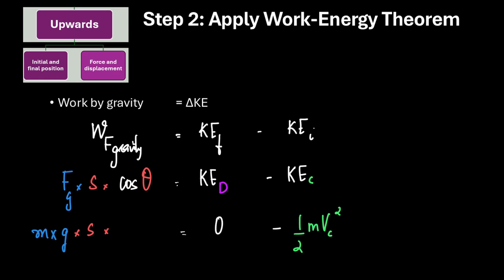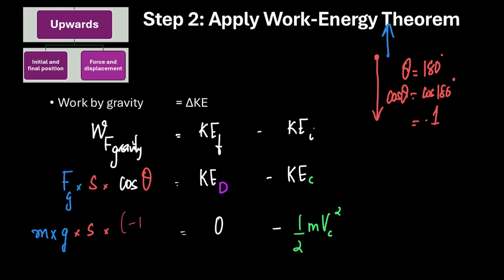But then what is work done by gravity? Gravity is acting downwards, but this time displacement is upwards. Therefore, the angle between them theta is equal to 180 degrees, and therefore cos theta is cos 180 degrees, which is equal to minus 1.